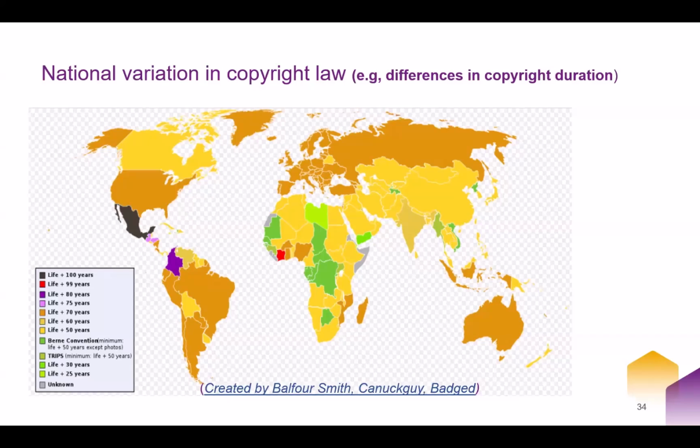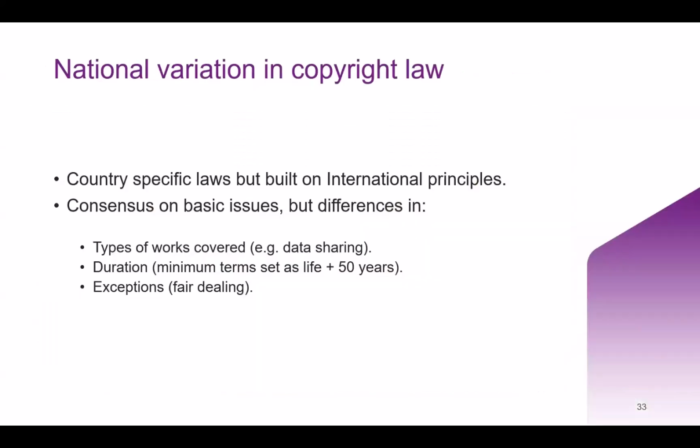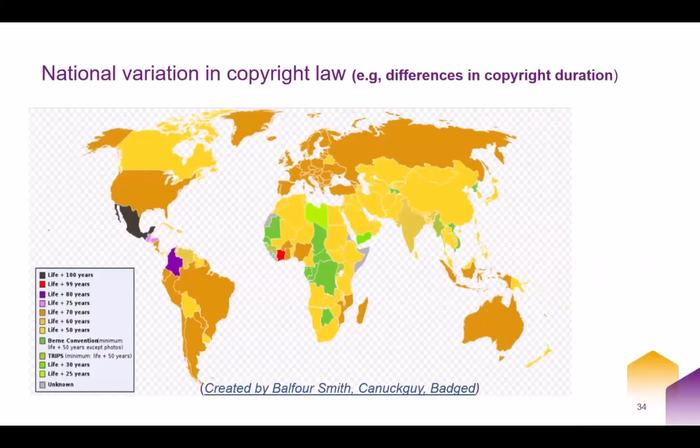According to that convention, the minimum term is set as life plus 50 years in terms of duration. If we look at the map from a continental perspective, we can clearly see patterns of the same duration with small exceptions. I'll just let you look at it for a few seconds.